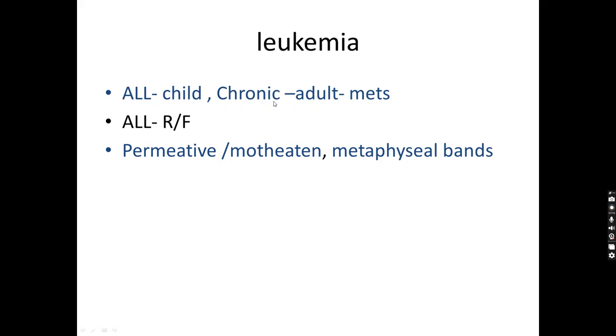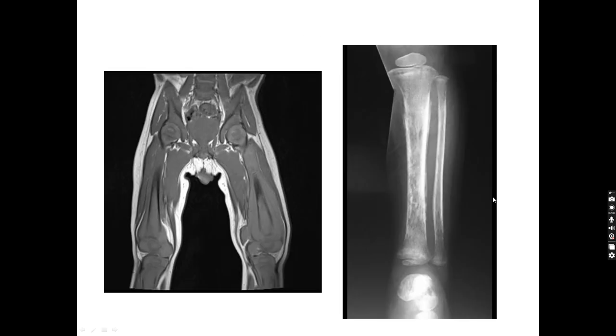Leukemia, in chronic adult leukemia it will look like a metastasis, and in acute lymphoid leukemia, which will affect the child, it will have a non-specific permeative moth-eaten type of destruction. Here there is a moth-eaten type of lytic destruction of the diaphysis of the tibia with a wide zone of transition.